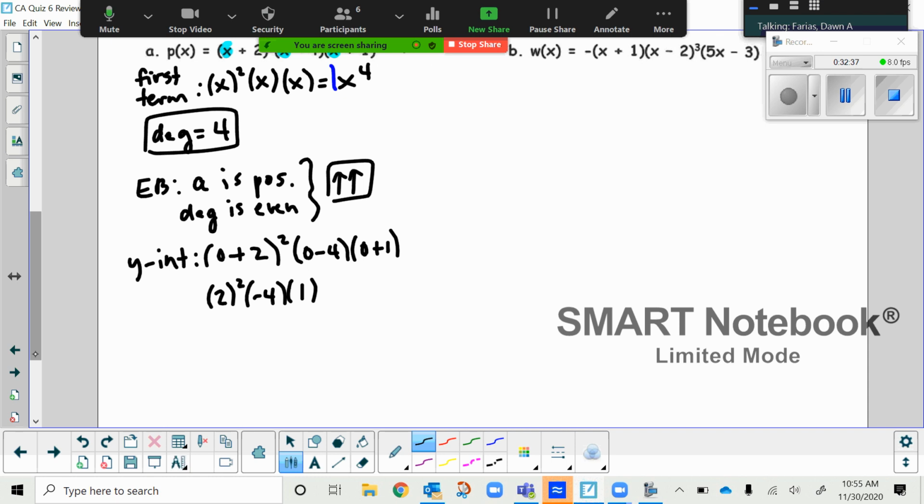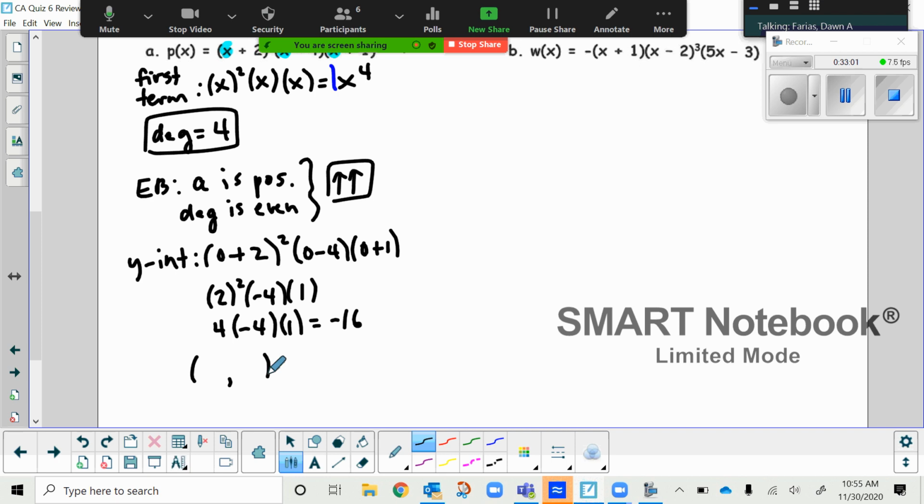So there's me. I simplified the parentheses. Then I do exponents next. So I do the 2 squared. And then multiply straight across. That gives me negative 16. And my answer is not actually negative 16. My answer is an ordered pair.